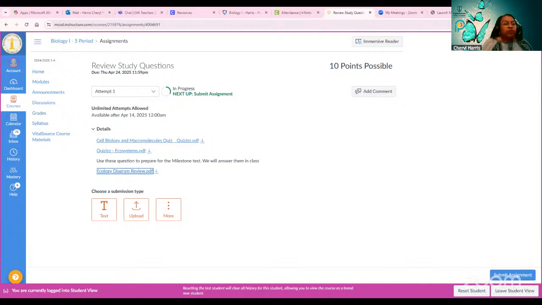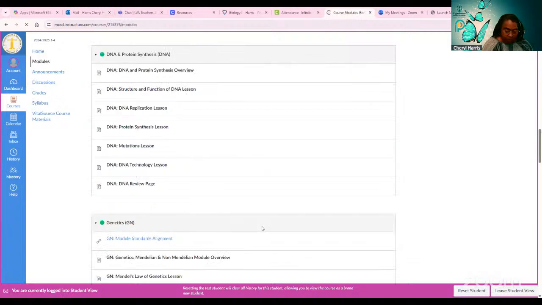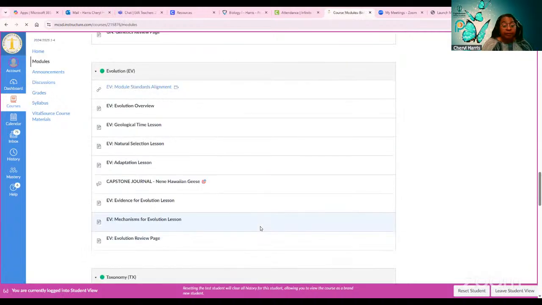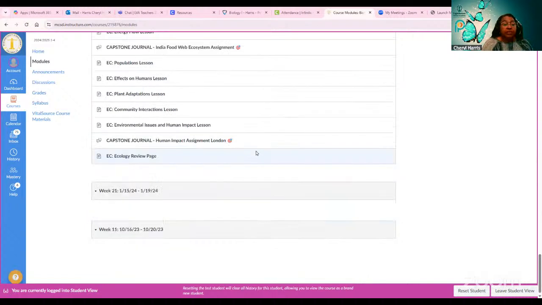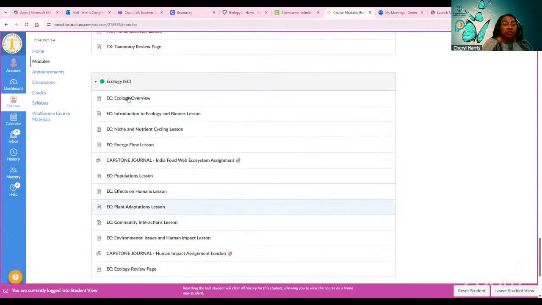The other thing you could also do, if you've already done those things, is to look at the module again that we have not done yet, that would be this ecology.